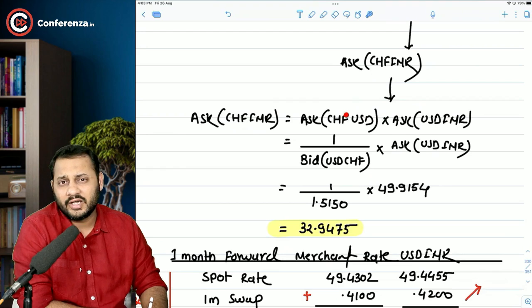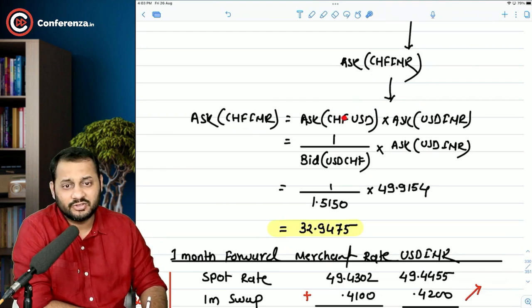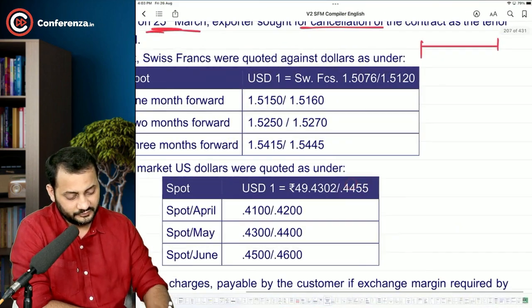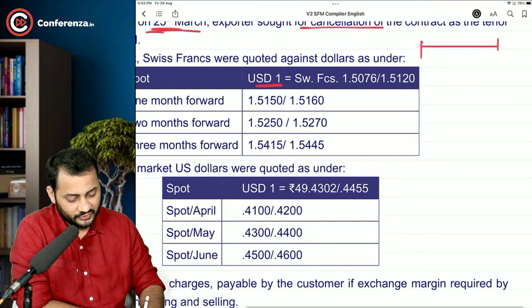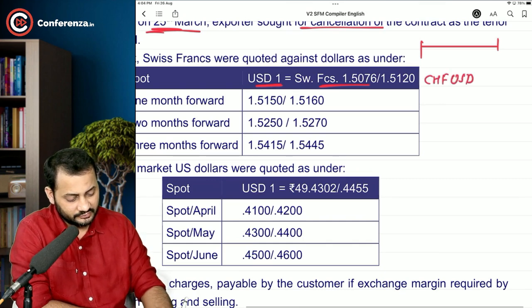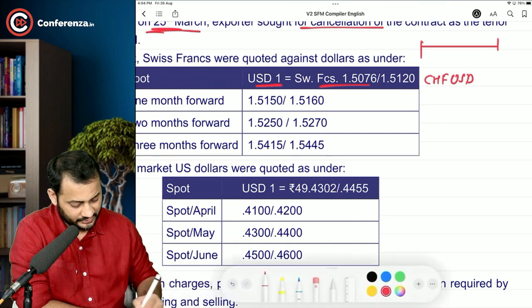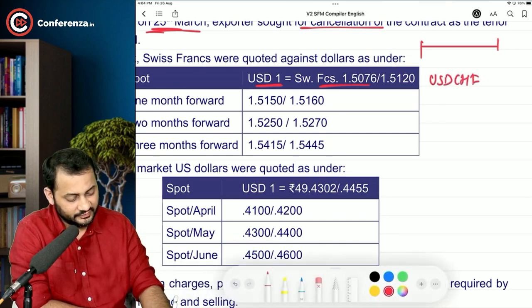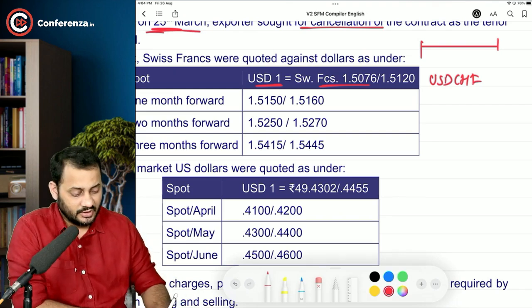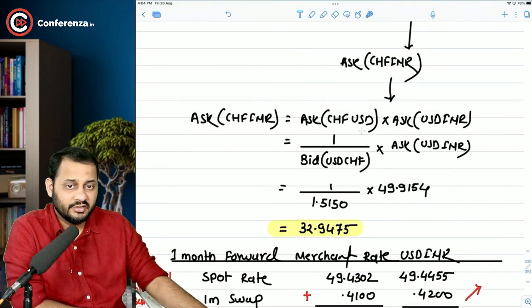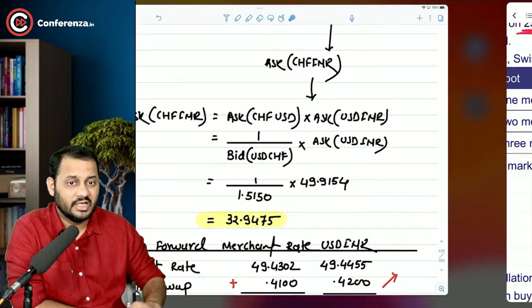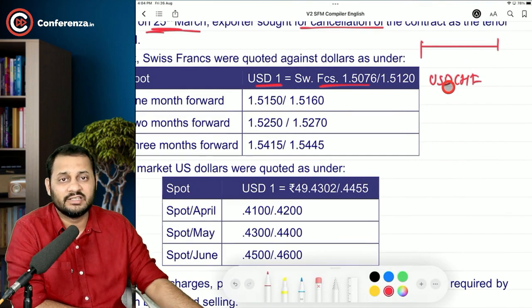But if we look at the quotations given by the bank, it's not CHF USD, it's USD CHF. See, USD 1 is this much Swiss franc. Does that mean in ISO code it is CHF USD? No sir, it's USD CHF. USD is the base currency, CHF is the price currency. So we need CHF USD, a quote where CHF is the base currency, but we have a quote where USD is the base currency.